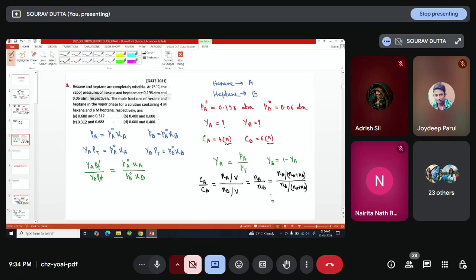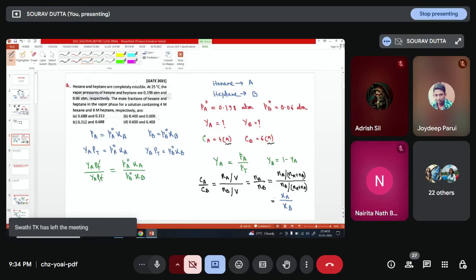Now you know this is known as the mole fraction, mole number of A divided by total mole number in the solution. This represents mole fraction of A. Similarly, mole number of B divided by total mole number represents mole fraction of B.